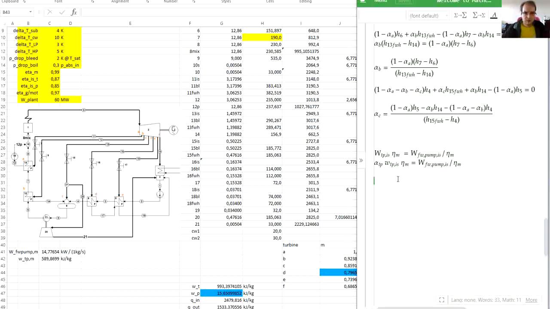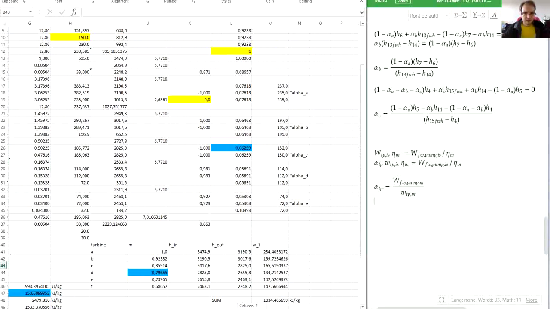And now our alpha Tp, our mass flow rate, will be the work of the turbopump, the work of the feedwater pump, mechanical, divided by the unit work of our turbine, also mechanical.